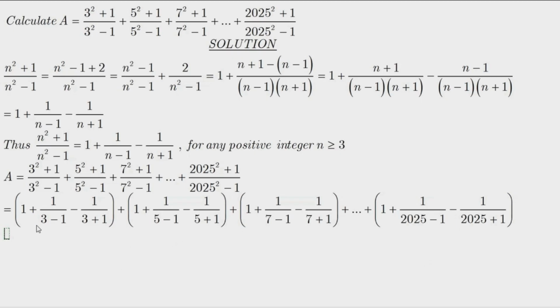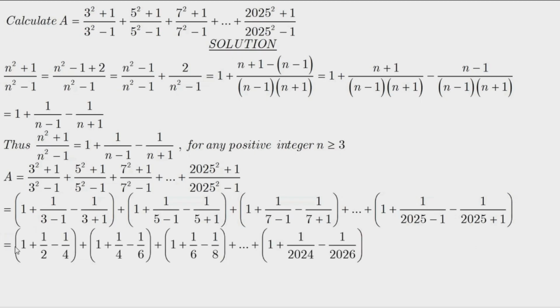Look at the first fraction: 1 divided by 3 minus 1. 3 minus 1 is 2, and 3 plus 1 is 4. Then we keep calculating these fractions.